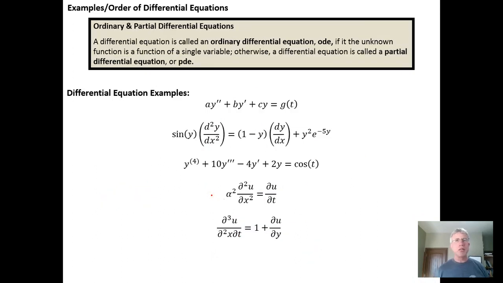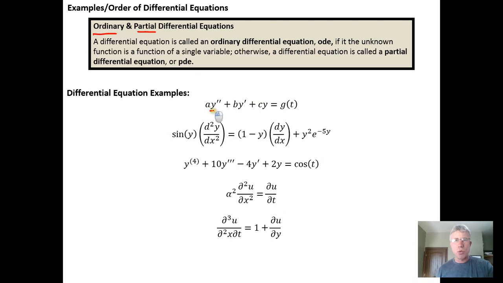Then we can also identify differential equations by their type, whether we have an ordinary or partial differential equation, and that's just a matter of looking at the differential equation and saying, does it involve partial derivatives, or does it just involve derivatives where we have a single independent variable?